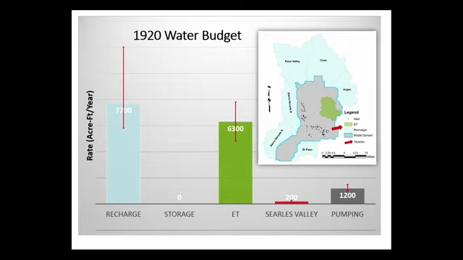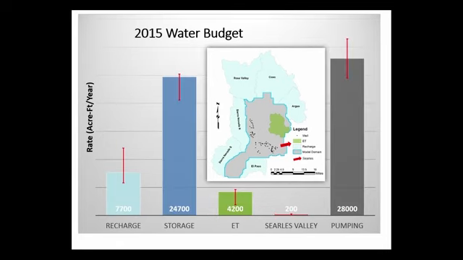Now let's contrast that to the current time. In particular, 2015. Again, the recharge remains relatively constant, although it does change with the climate. But on a long-term average, again, it's on the order of 7,000 to 8,000 acre-feet per year. There's now this new bar that we're calling storage. And what that means is as water levels decline, that lowers the water table.